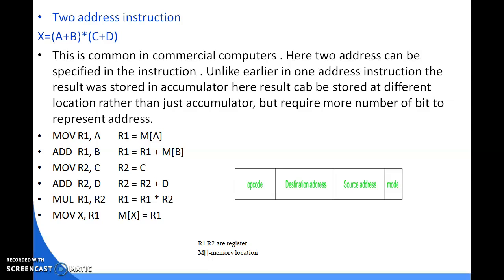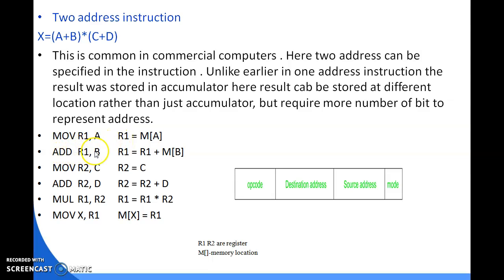So let's discuss what will happen in this case. X equal to A plus B into C plus D. So first is your R1, here move R1, A. Move means R1 is a register, A is the value. Move is an instruction or command which tells to move the value of A, which is placed within the memory, to the register R1.